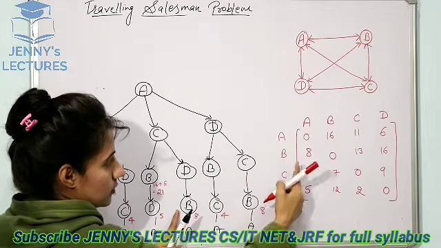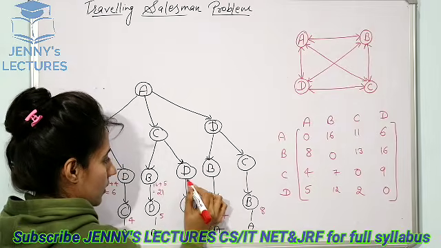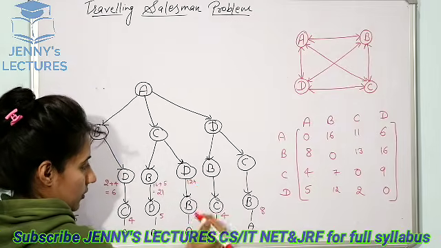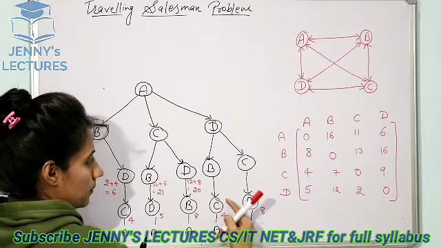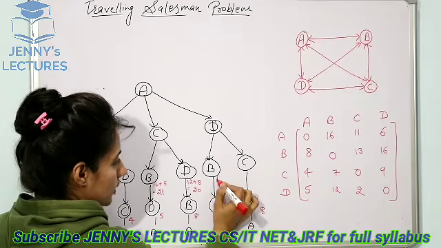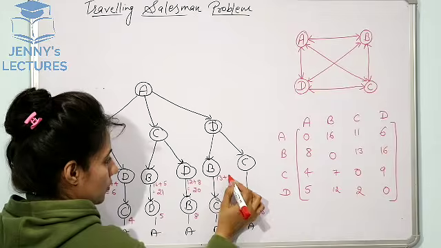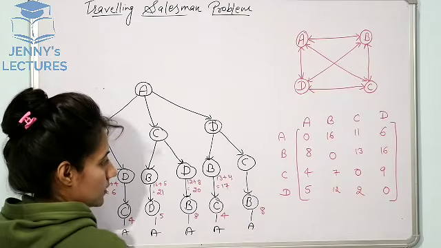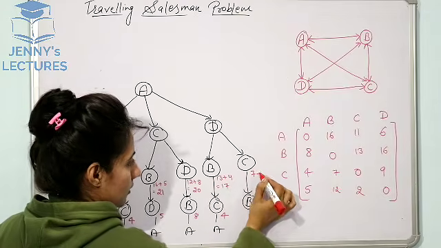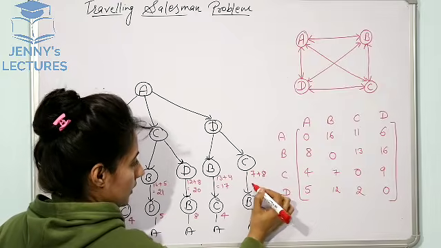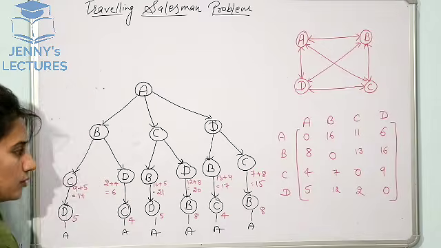D to B, 12 plus here we have 8, and it is 20. B to C we have 13, and this is 4. Then the total is 17. From C to B it's 7 plus 8, and it would be 15.